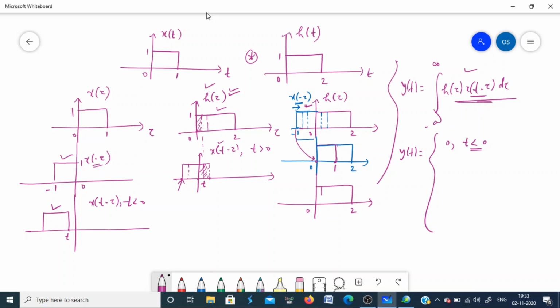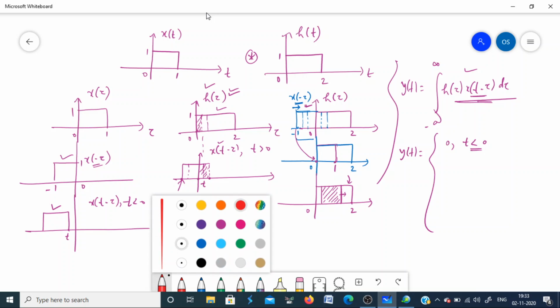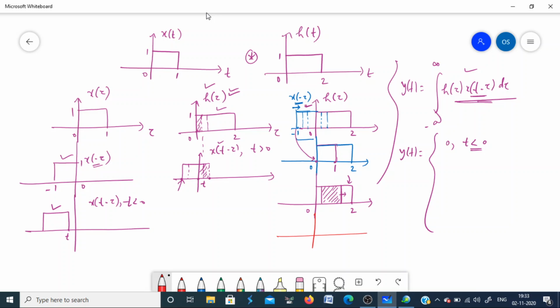For t greater than 1, this will be shifted to the right by some time t, and this box will come entirely within this h of tau. It means this is the common overlapping region, and this will again remain constant till this point reaches here. So at that time, what will be the situation? You will get a situation like this, 0 to 2.